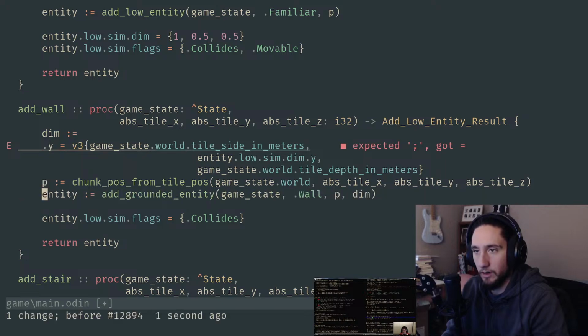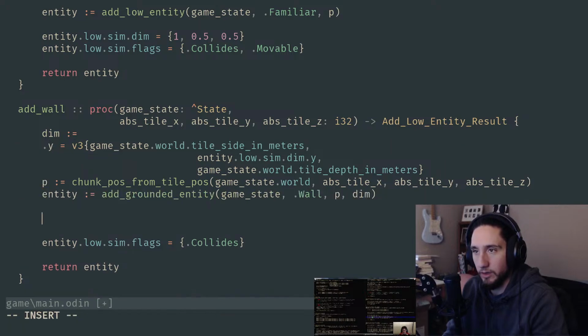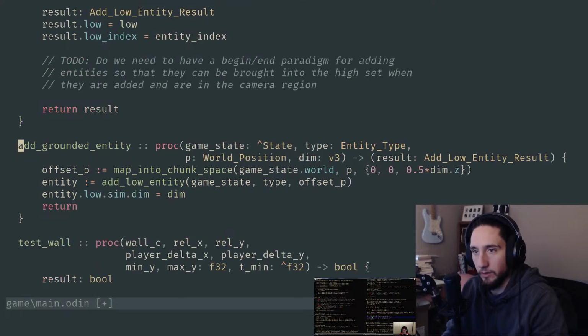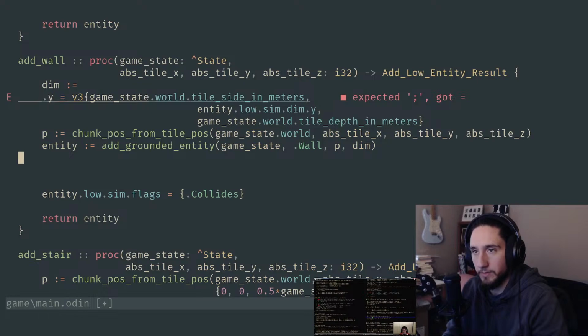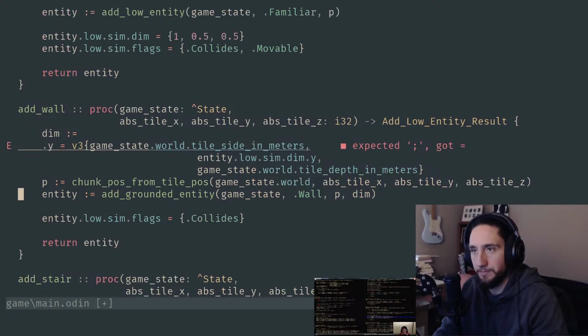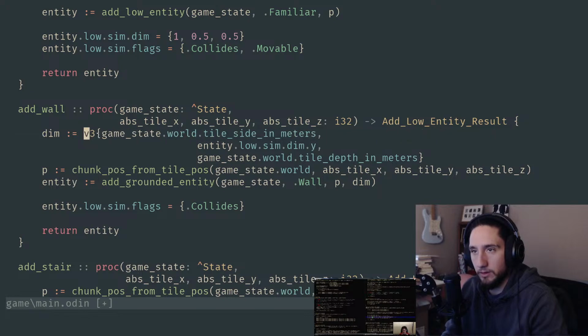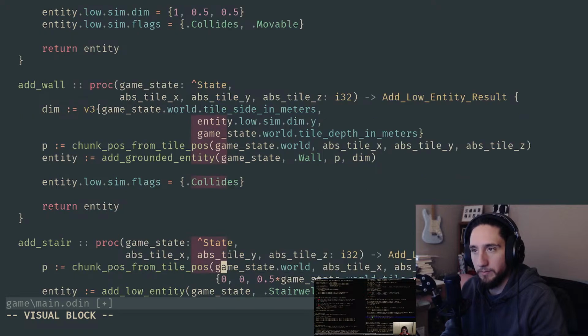And then at the end of all of that, well, maybe we don't actually need to do that since it's going to be set in here, right? Yeah. So we just don't need to set the dim inside of adding each individual thing anymore. And then we can just do this assignment here and, dang it. Hopefully be good to go.